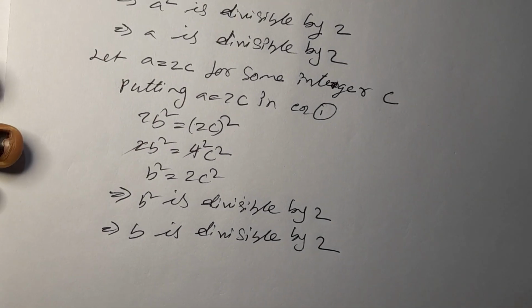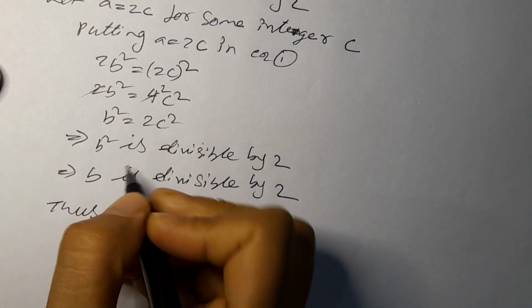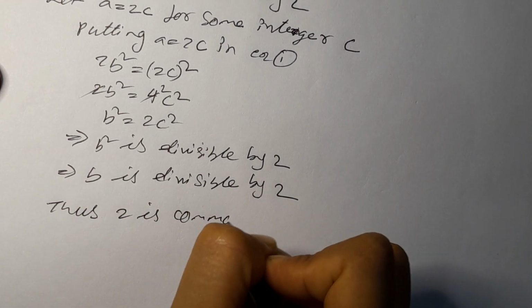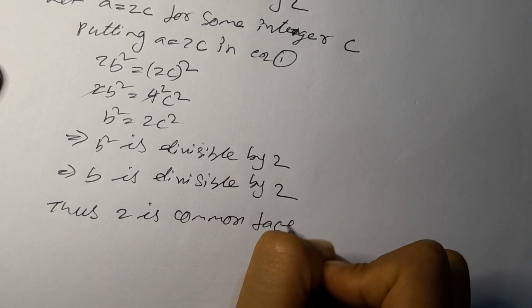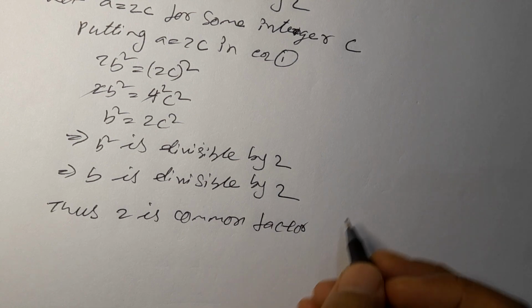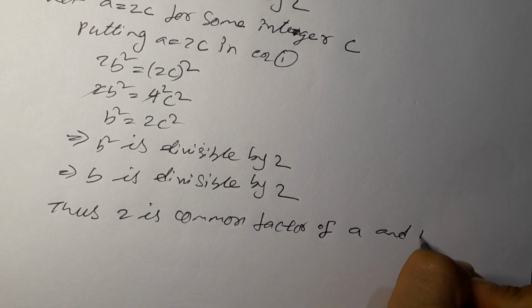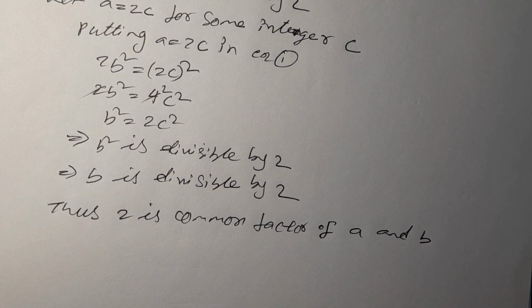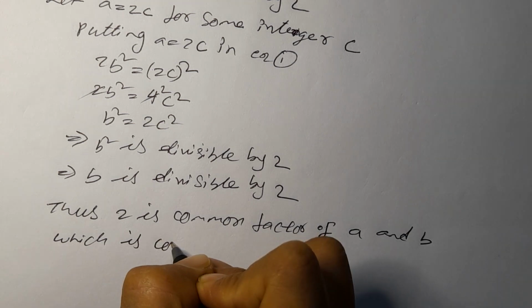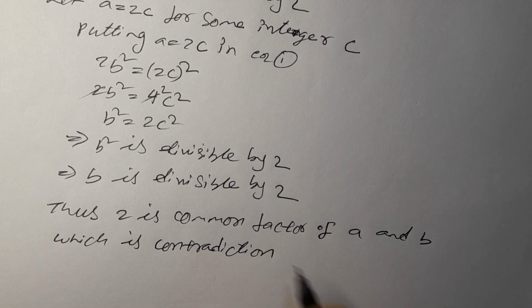Thus 2 is a common factor of a and b, which is a contradiction.